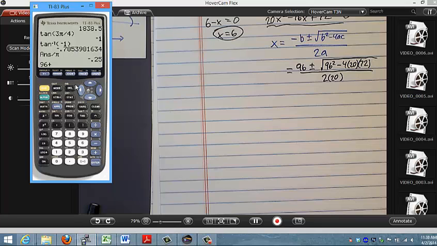Okay, 96 plus the square root of 96 squared minus, well, how about I just write 80 times 72, because it's 4 times 20 times 72. Close the square root. That's the numerator, right? Take that, divide by 40, because 2 times 20. I got a 3.86.